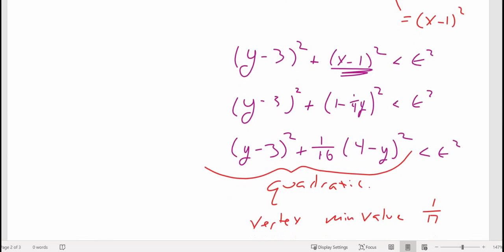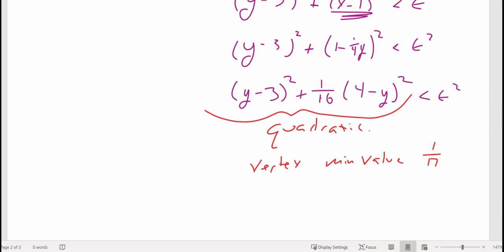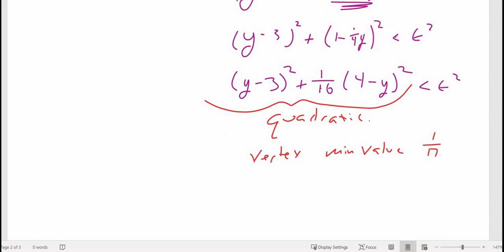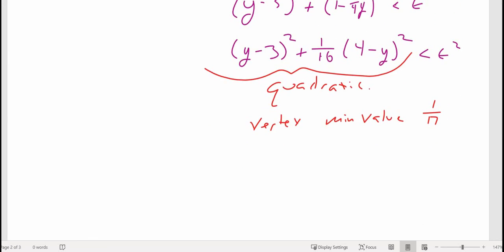Well, if that is 1/17 or bigger, then for these inequalities to be true, epsilon squared would need to be bigger than that, right?